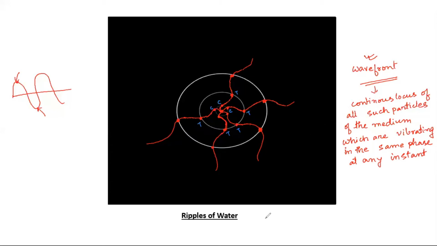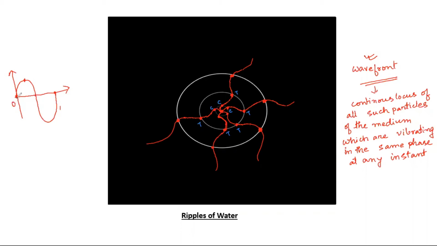Let me explain how this locus term and this phase term come in. Let's understand a wave. This is the diagram of a wave. We have different phase values at different points.